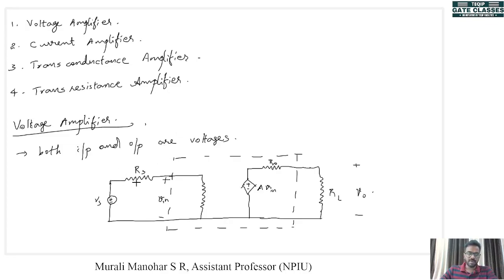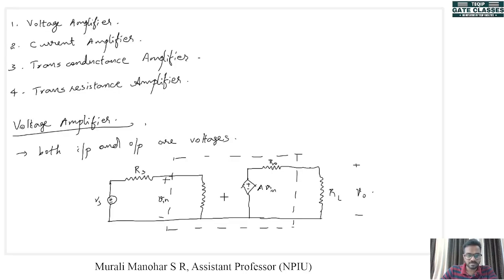Now for effective amplification of this amplifier, there are some conditions to be satisfied, and the first condition is Rin must be very much greater than Rs. So this is Rin.